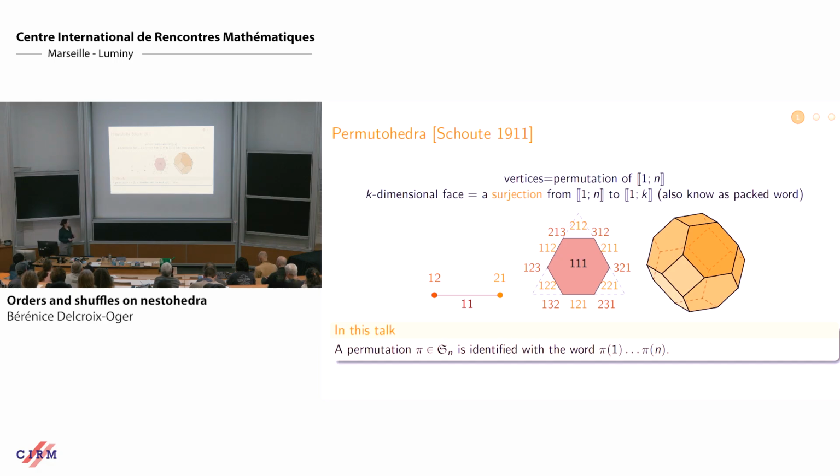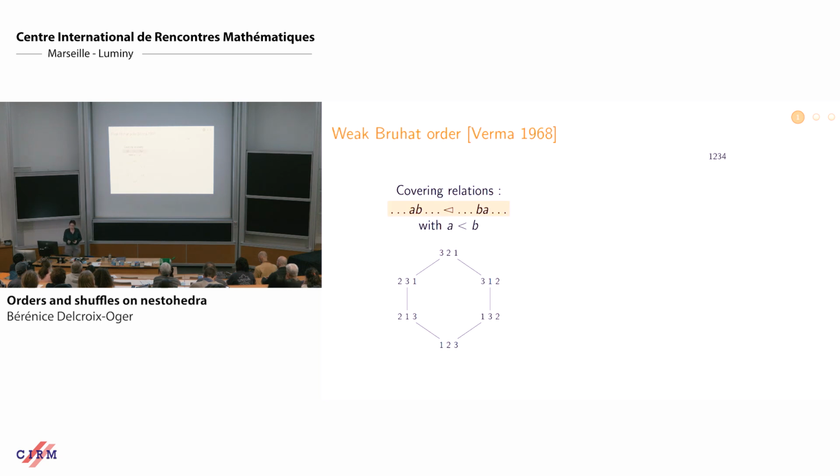And there is a poset associated to permutohedra, which is called the weak order. The principle of the weak order is that we rise in the weak order by just switching adjacent letters in the permutation. So for instance, start with 1, 2, 3, 4.